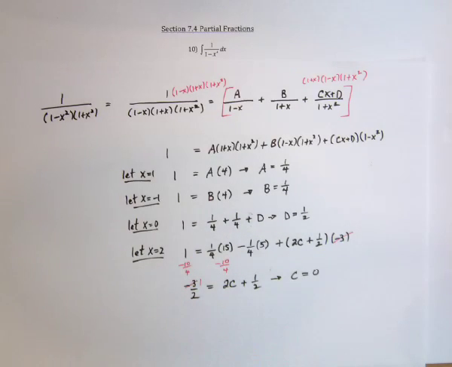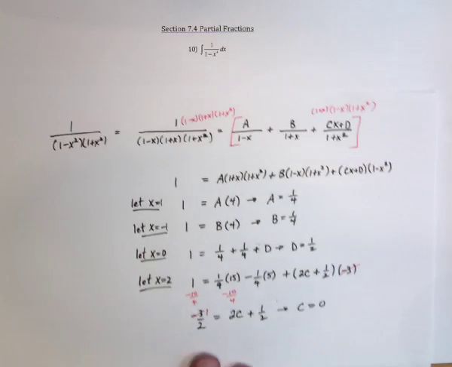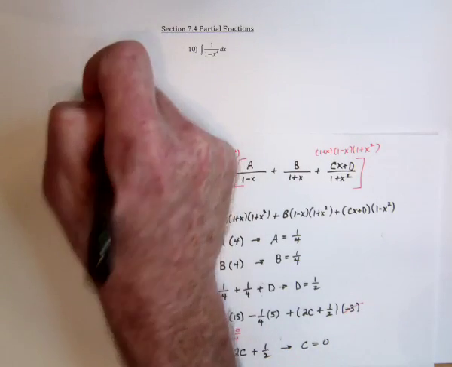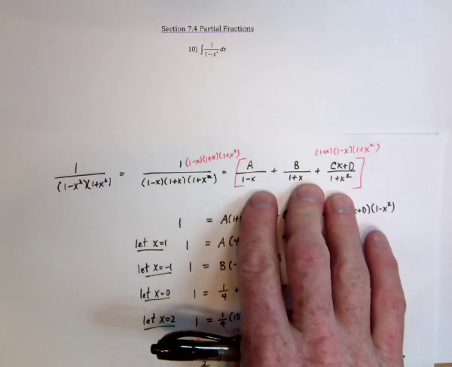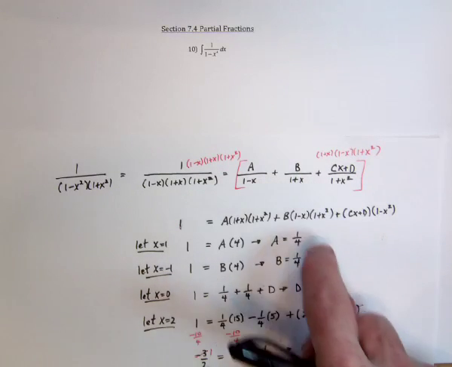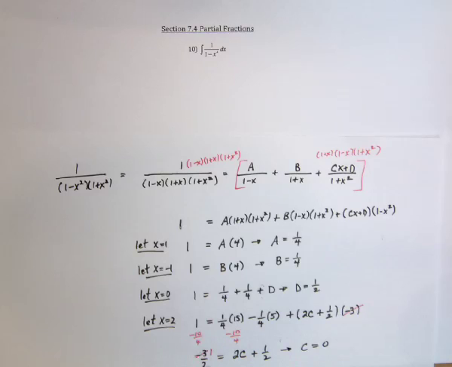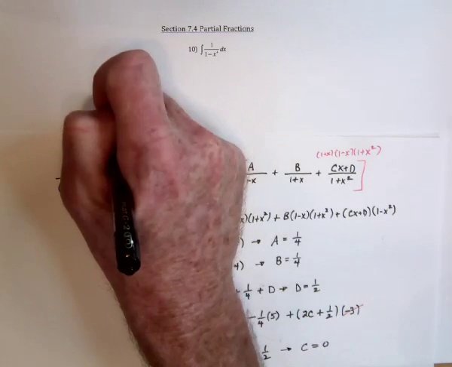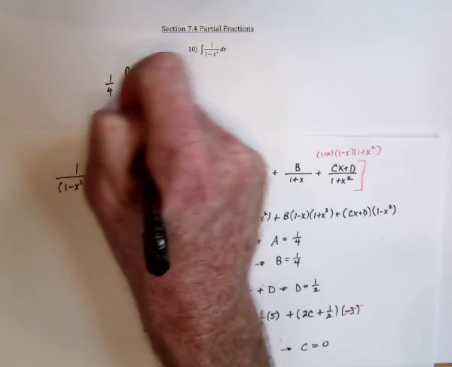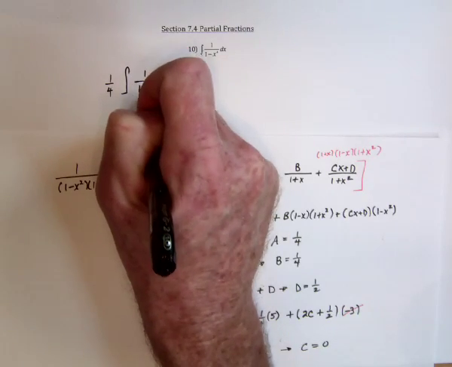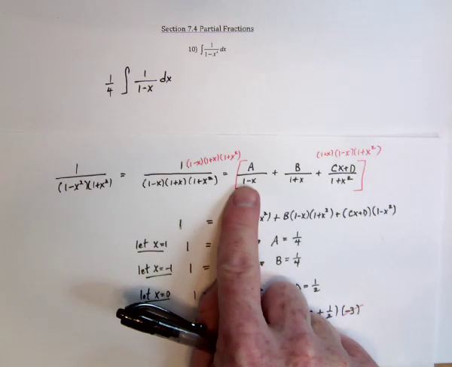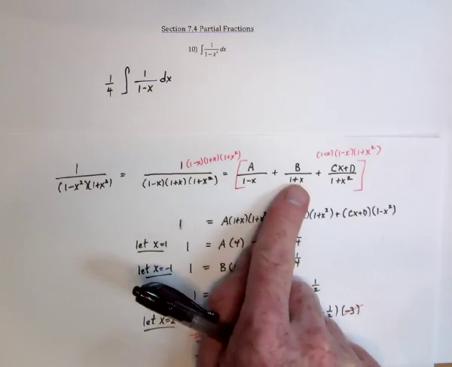Okay, so now we have all of the parts we need. Now we can go back to the integration. This one right here is going to be broken into 3 smaller integrals using the appropriate a, b, c, and d. So the first one is 1/4 for the numerator, and I'm actually going to factor that quarter out. Okay, so there's the first one, but I've factored out the quarter. Going to do the same thing here.